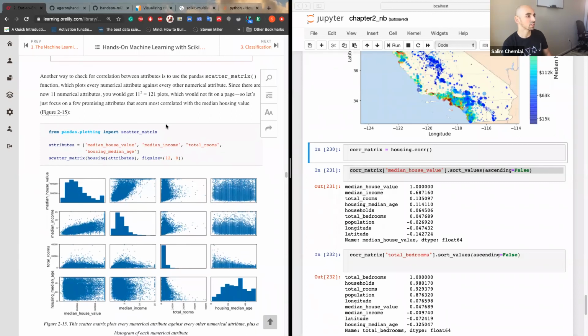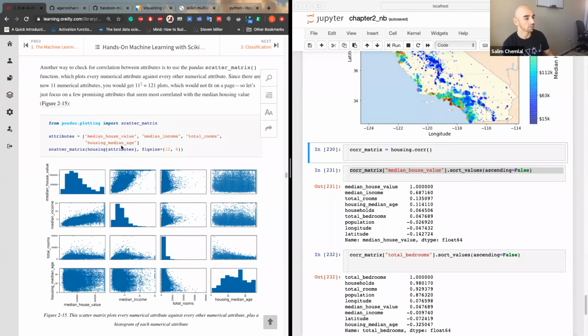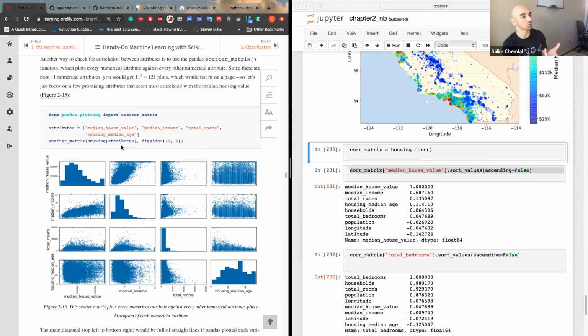The only thing here is since there are 11 numerical attributes, it's going to do 11 to the power 2, because it does the correlation between each one, so we can't really see that here. That's why he selects only 4 attributes and sees the correlation between these 4 attributes. But this is just another way to visualize correlation.